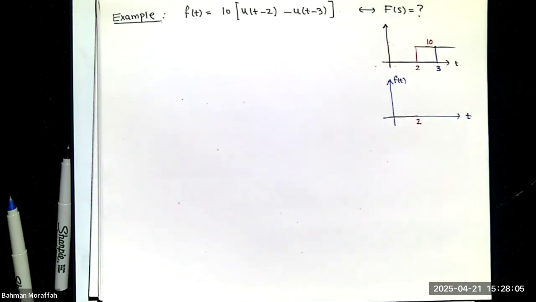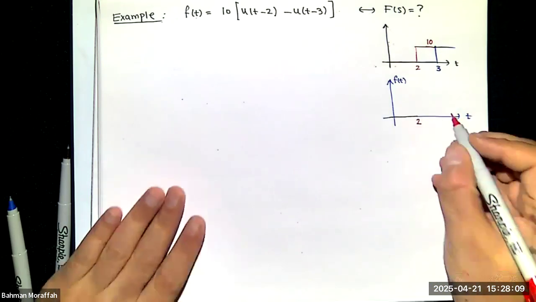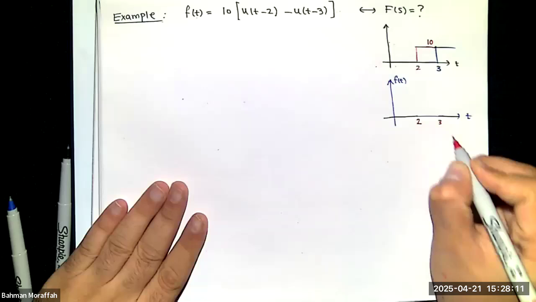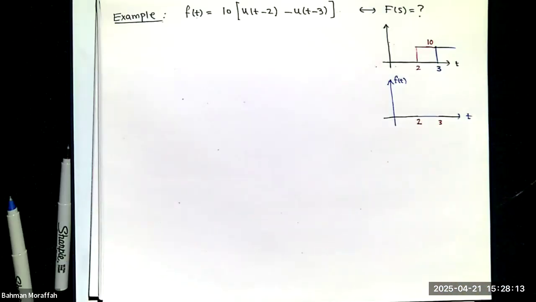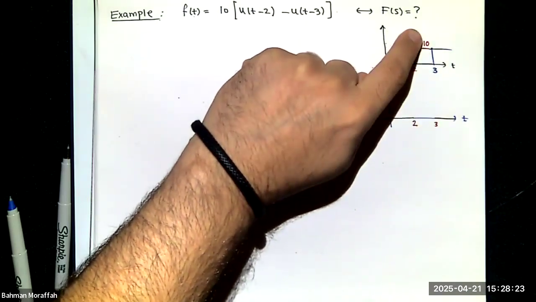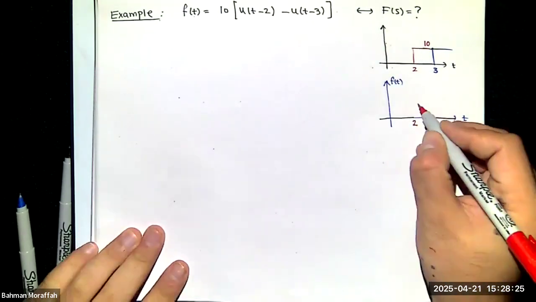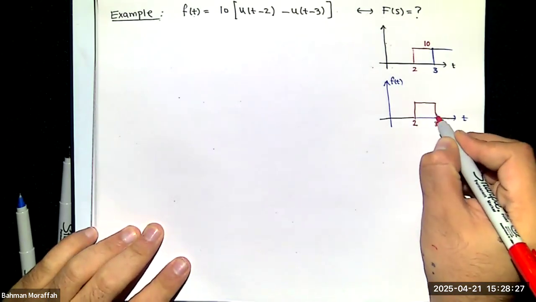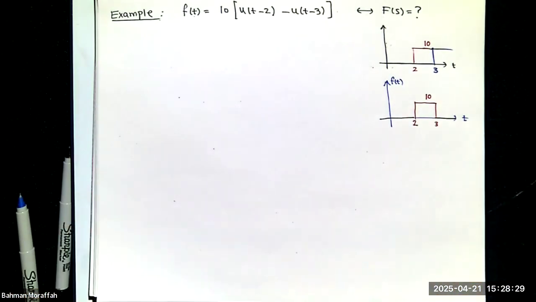I'm subtracting 10 from 10. So again, it is a 0. The only thing I'm left with is times between 2 and 3. For times between 2 and 3, I'm subtracting 0 from 10. Therefore, I have a value over here, which is 10. So that is my function.